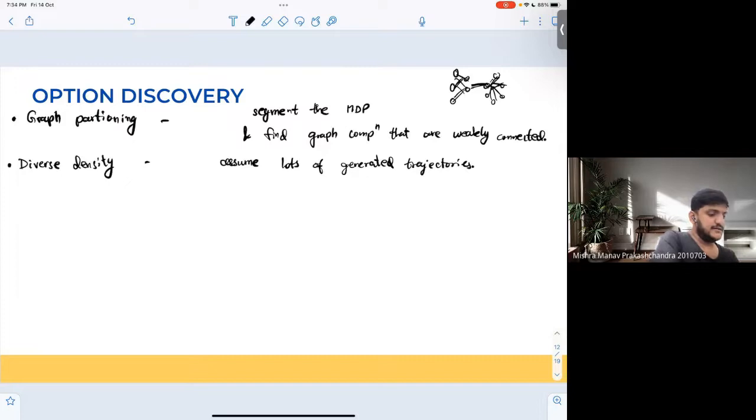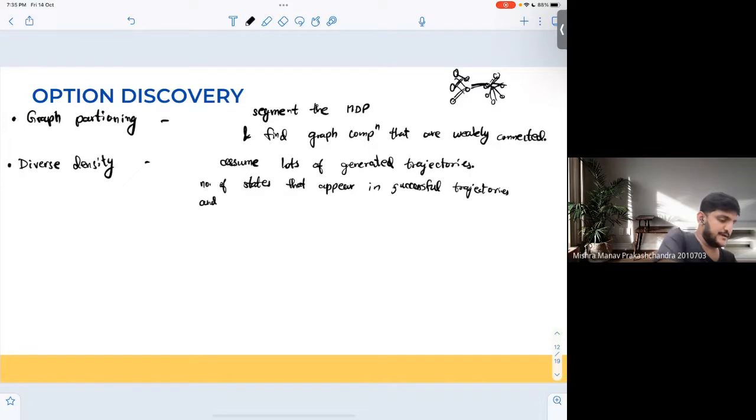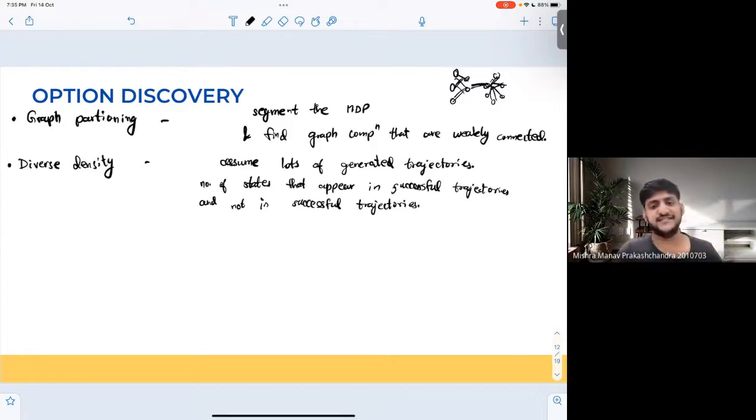What you are basically looking at is the number of states that appear in successful trajectories and not in unsuccessful trajectories, right? So again, this is an indication of a bottleneck being present in the state.